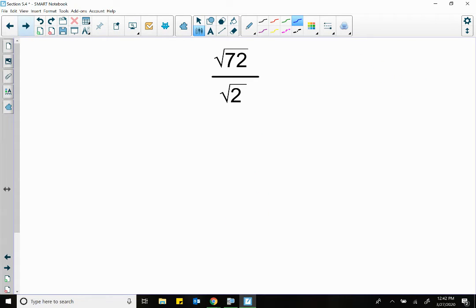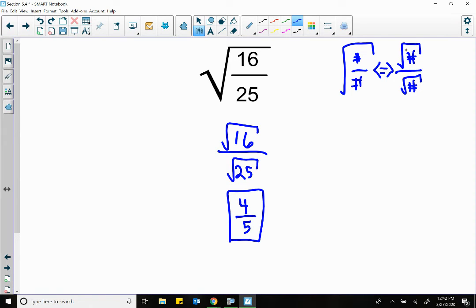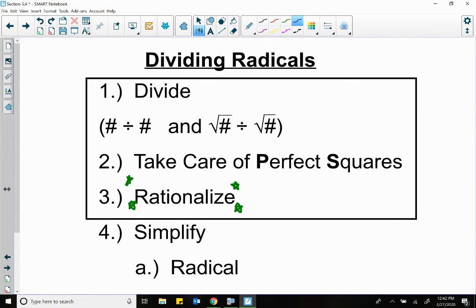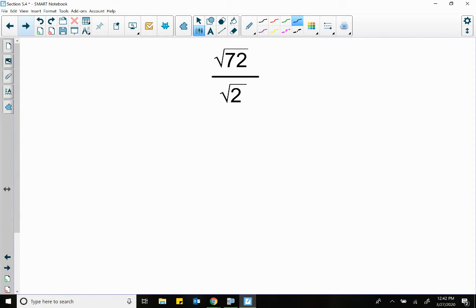So sometimes, if I could just get the 72 over the 2, can't 72 be divided by 2? Absolutely. So in this case, I want to take that property we just had, where they're separated, and put them back together because I want to perform division, because I can have radicals dividing radicals. Okay?